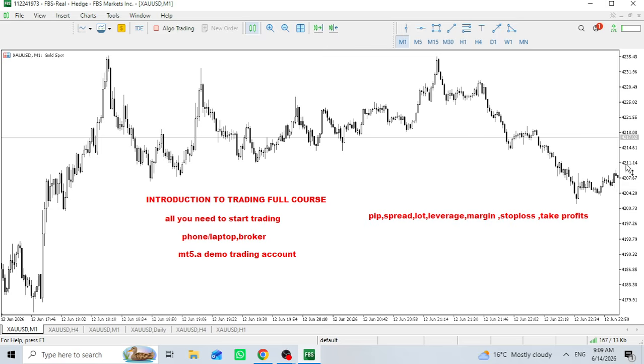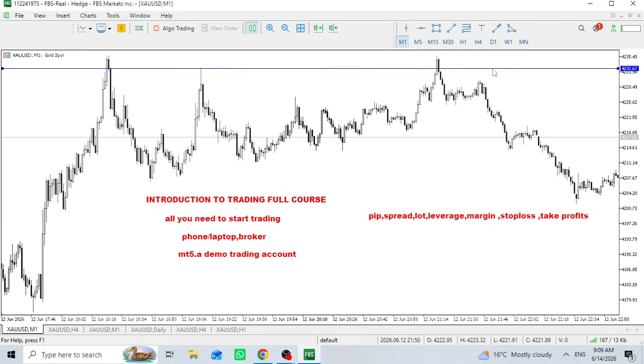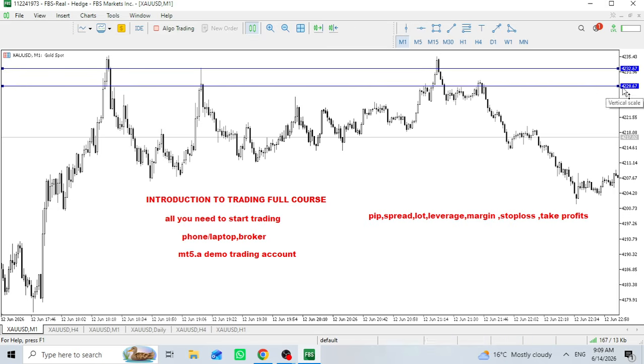If you know how many pips gold has moved, you take the difference, like 4232.67, and let's say I take it to 4228.67. Now gold will have moved by 32 minus 28, 40 pips, because this will be 4 and 0. Gold will have moved 40 pips.